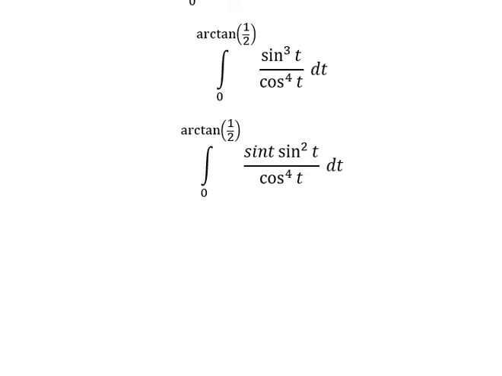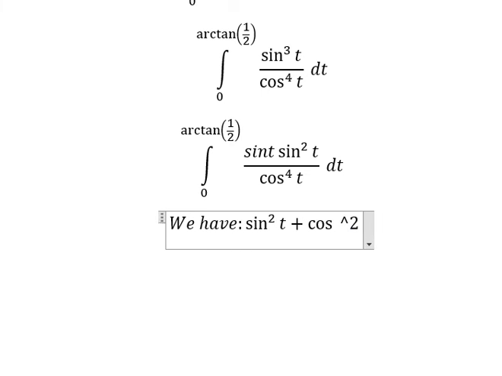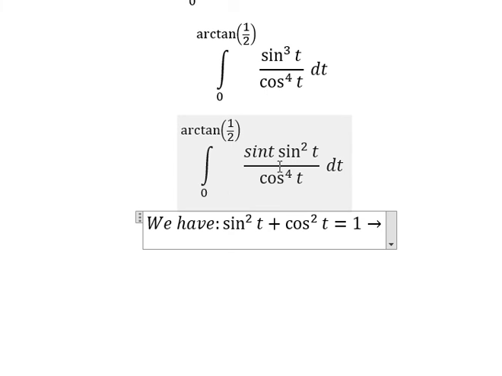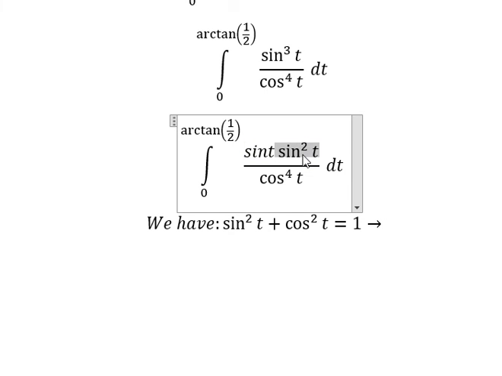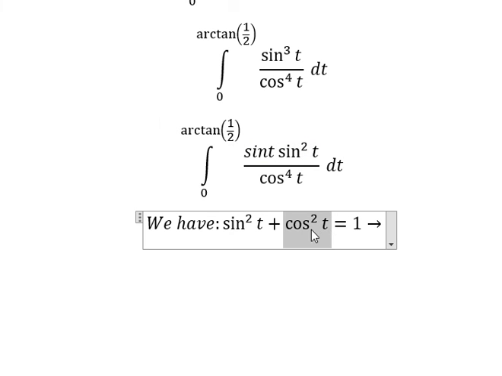Next, we have the formula in here: sin squared t plus cosine squared t equals number 1. And we see that we have sin squared t, so I will put cosine squared t to the right.